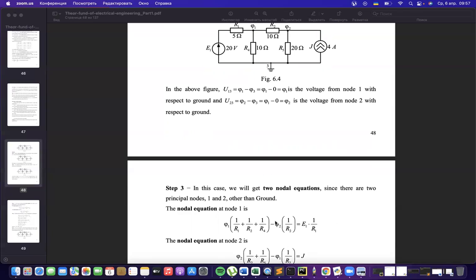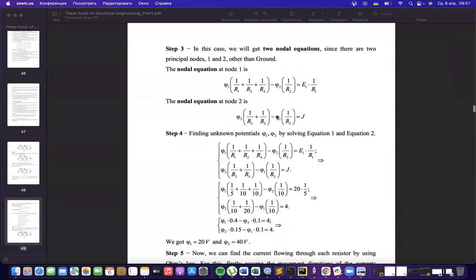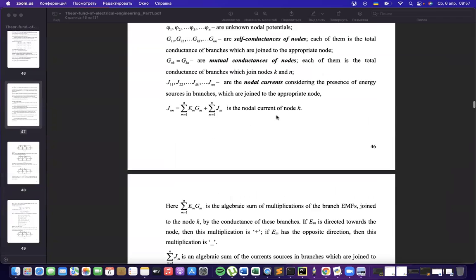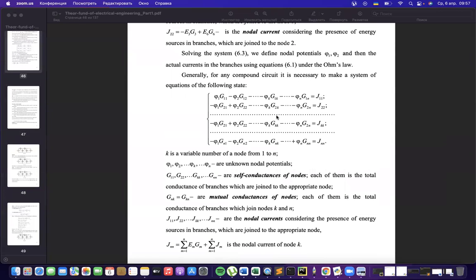and minus, always with minus, the other point with mutual conductivity between point first and second. When we are writing equations, we always take all other values with minus. Just one moment.